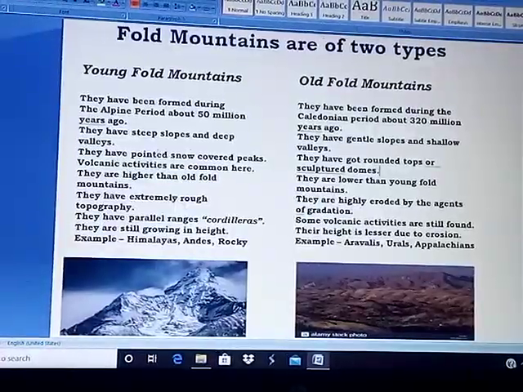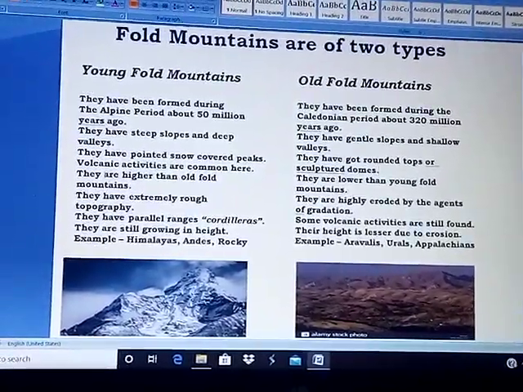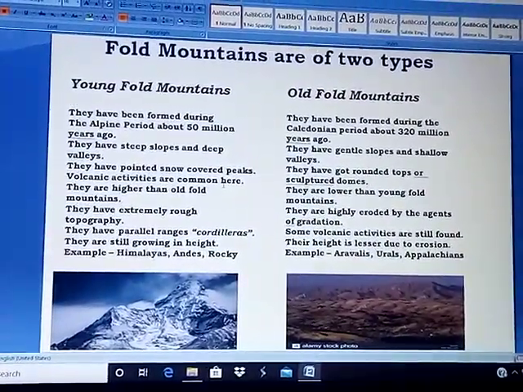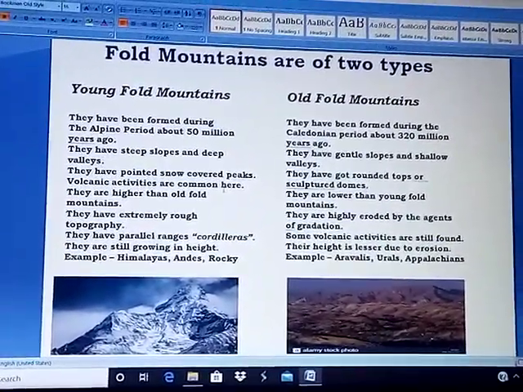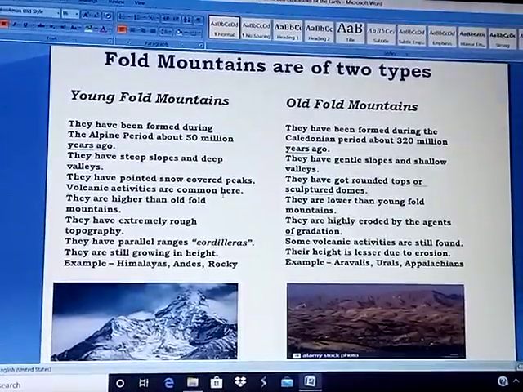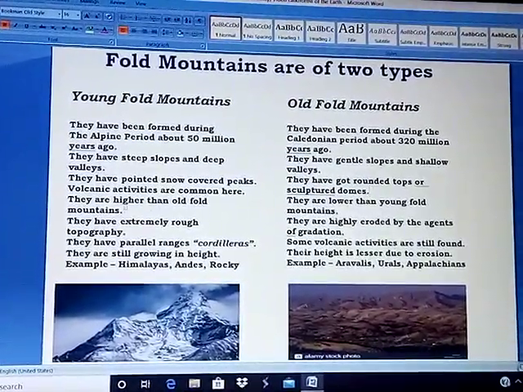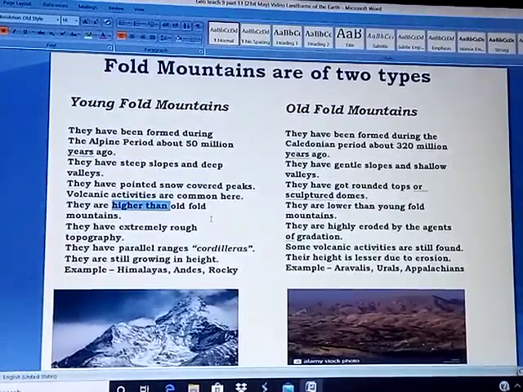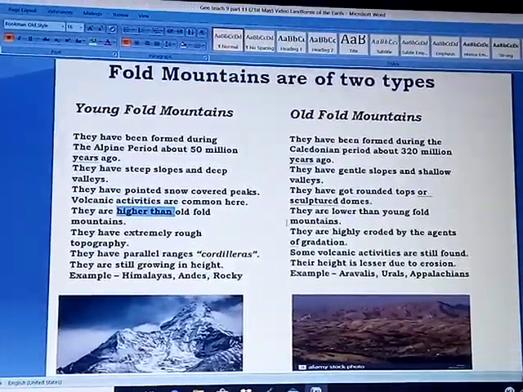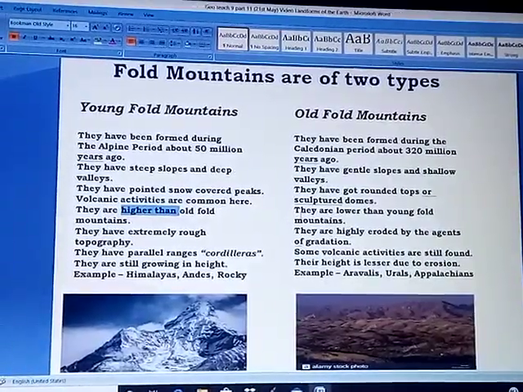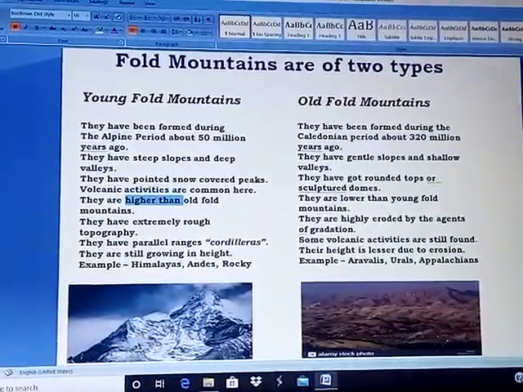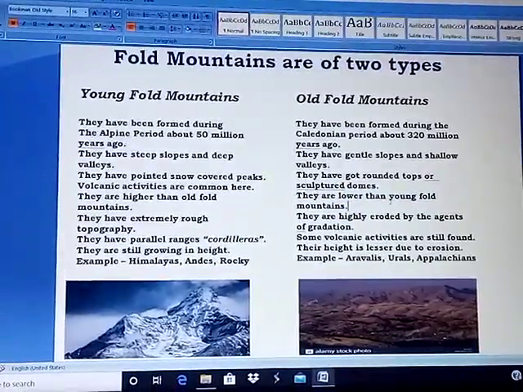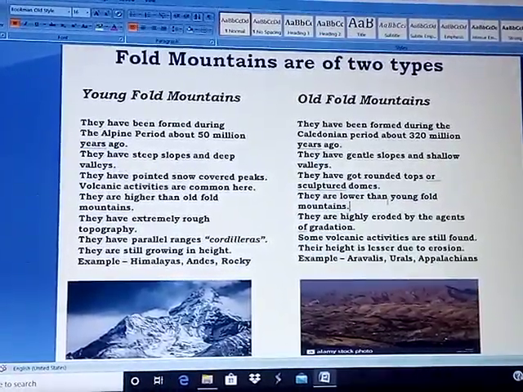In the young fold mountains, volcanic activities are quite common. And these young fold mountains are much higher than the old fold mountains, whereas the old fold mountains are lower. One thing you should know is why.